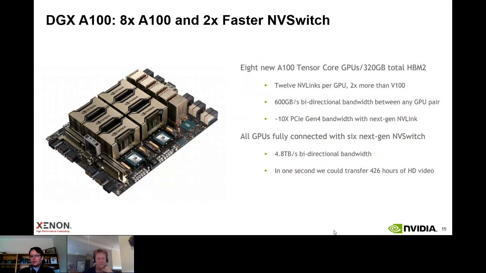And we have the PCIe Gen 4 bandwidth fabric, which ties it to the host system with the AMD EPYC CPUs. And all GPUs now are fully connected with this next-gen NVSwitch, which provides more than 4 terabytes per second of bandwidth between the GPUs.